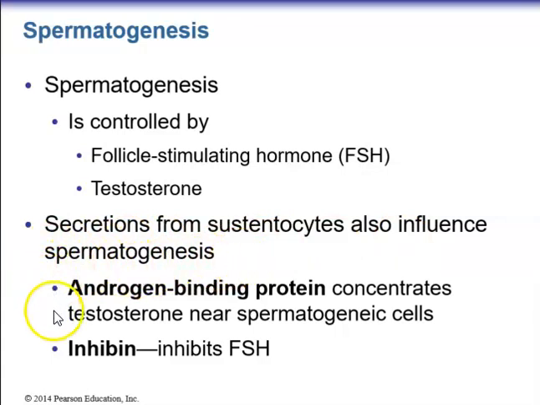For example, we have androgen binding protein, which will concentrate testosterone near spermatogenic cells, and then we have inhibin that's secreted by the sustentocytes, which will inhibit FSH, providing that sort of negative feedback loop when we want to stop spermatogenesis.